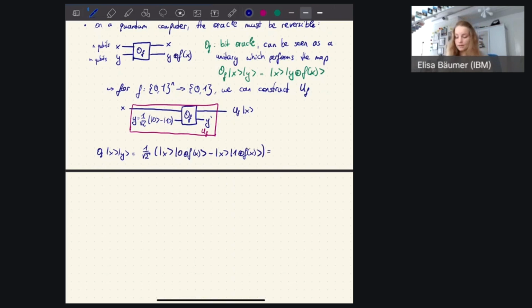And this we can just rewrite again as 1 over square root of 2, and now x times 0 minus 1, which equals x and y for the case where f of x just equals 0, because then here we just get 0, and here we just get 1.